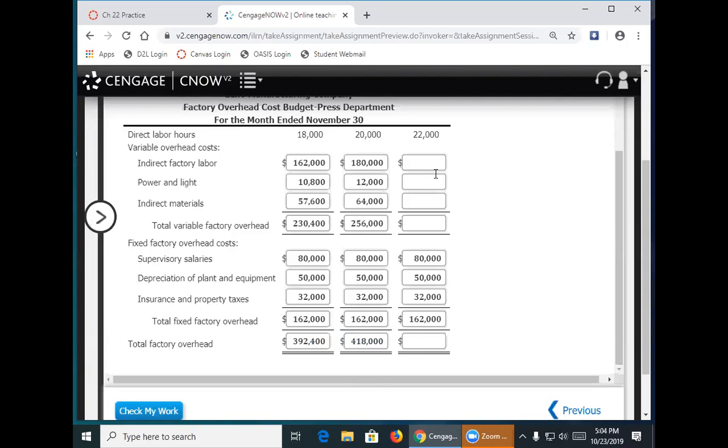And then of course I can calculate at 22,000. So it's $9 per hour at 22,000 hours, so 198,000 for indirect labor. Power and light is 60 cents per hour, so 60 cents times 22,000 is 13,200.